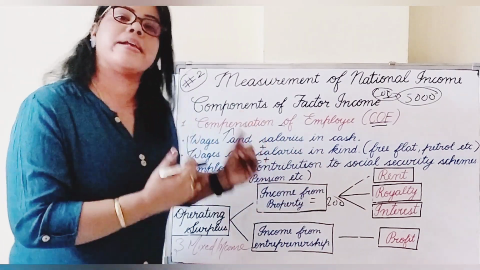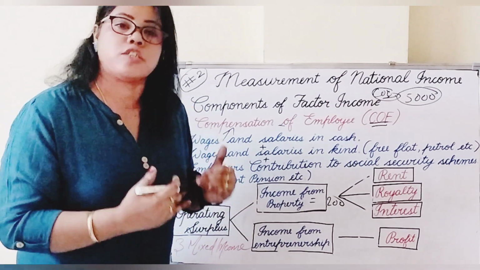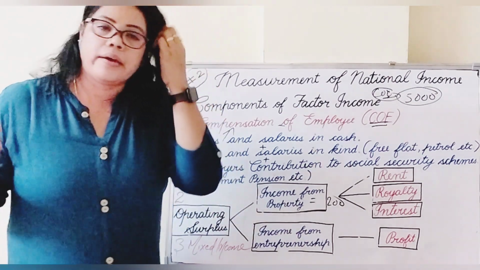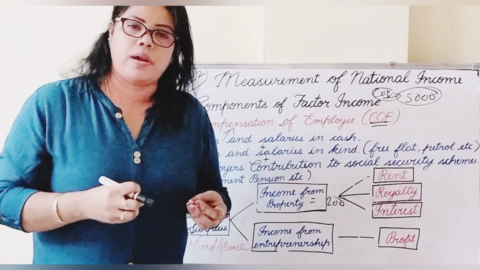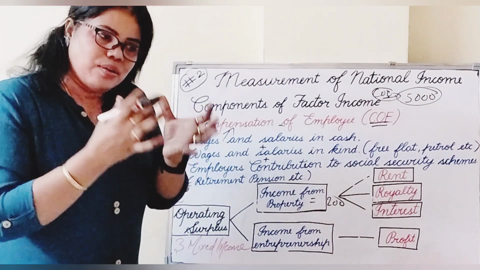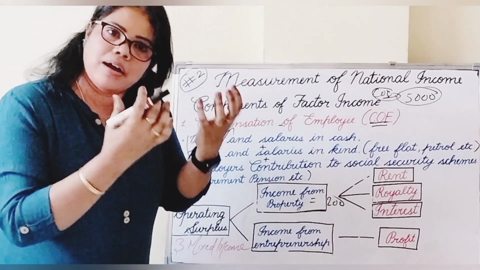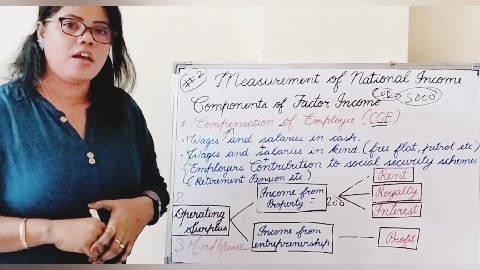Then plus mixed income. What is mixed income? Street vendors, vegetable and petty shop people, pani puri sellers. These self-employed or self-earned incomes are also added to get the national income of the country.